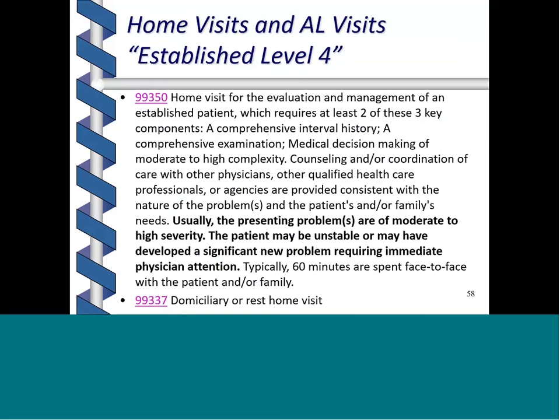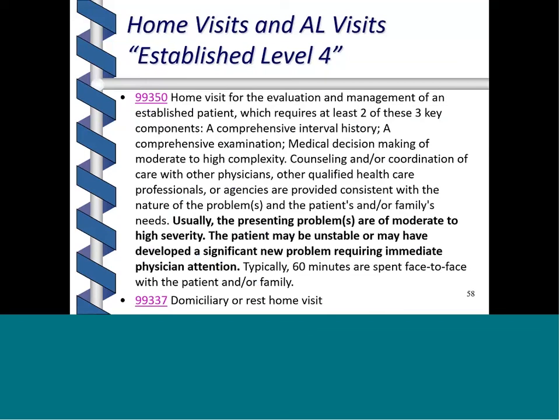The patient may be unstable or may have developed a significant new problem requiring immediate physician attention. So again, it's the same write-up. So your level 4 visit for a home, the highest level, is a 99350, and a level 4 visit for assisted living is a 99337.